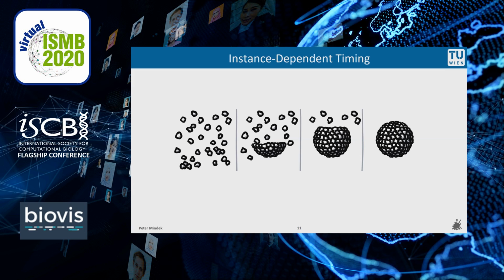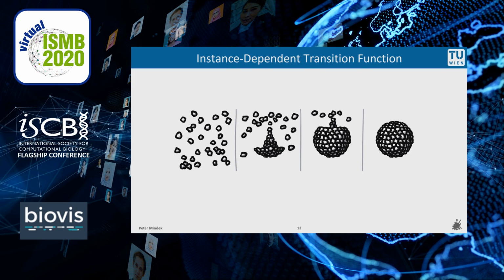Therefore, we introduce the concept of instance-dependent timing. With this mechanism, we are able to assign each individual molecule a time window in which its interpolation between the keyframes will occur. Another issue is that the molecules don't directly fly to their destination. They are driven by random Brownian motion, and they follow various chemical pathways before becoming building blocks of the assembled structure.